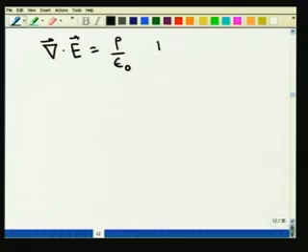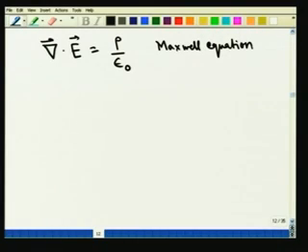So, this is Maxwell equation number 1. And as we shall see in this lecture, or at least certainly in the next lecture, we are going to use this to study a variety of macroscopic properties.